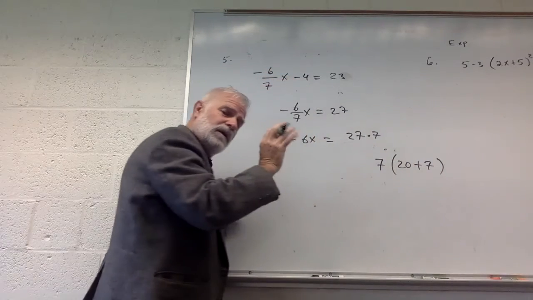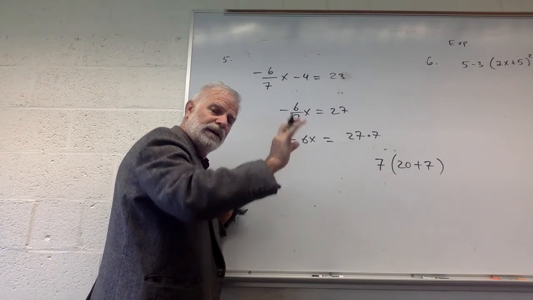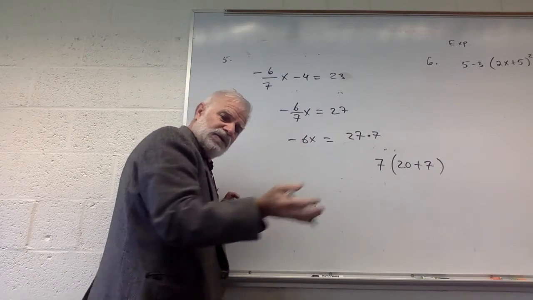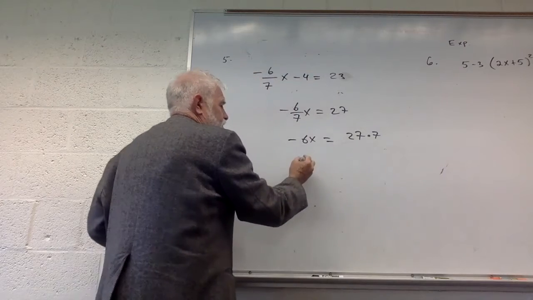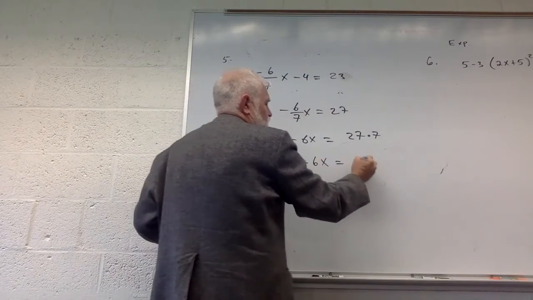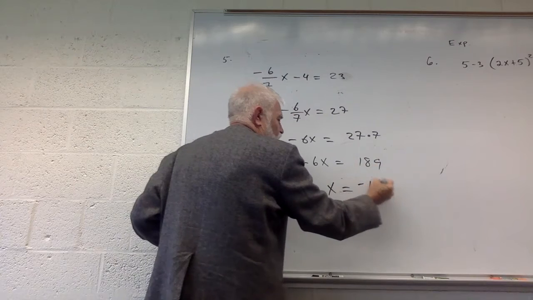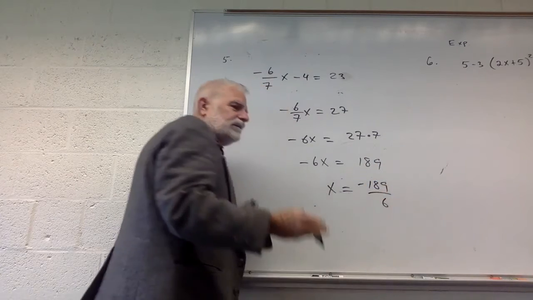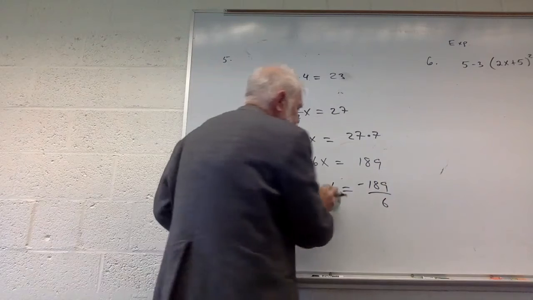You can do that in your head: 140 plus 40 is 180, plus 9 is 189. Might strengthen your skills a little bit. So this is 189. -6x equals 189. And obviously we can put the negative in the numerator, divide by 6. I was trying to give you an integer friendly number, and I struck out.